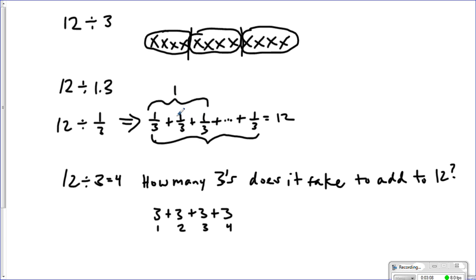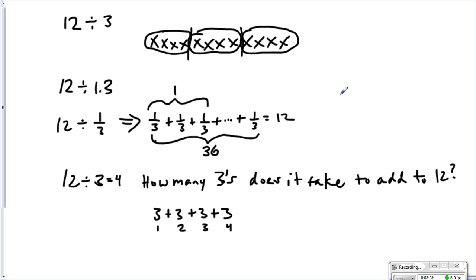So if it took 3 of them to make 1, then it would take 3 times 12 of them to make 12. It would take 36 of them. So 12 divided by 1/3 is 36, because you're asking yourself how many 1/3's does it take to add up to 12.